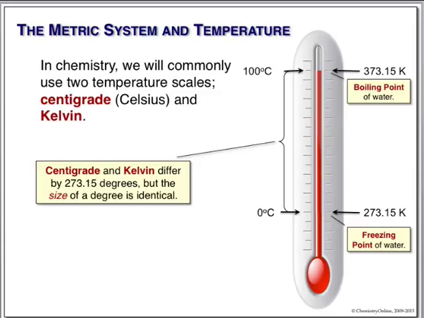Our numbers go from 273 to 373, but conveniently there's 100 little degrees between these two, the same as centigrade. We'll do this when we do the gas laws, and again, the numbers here are odd because it's anchored at absolute 0, which is an interesting concept. But centigrade is what we're going to use most of the time.